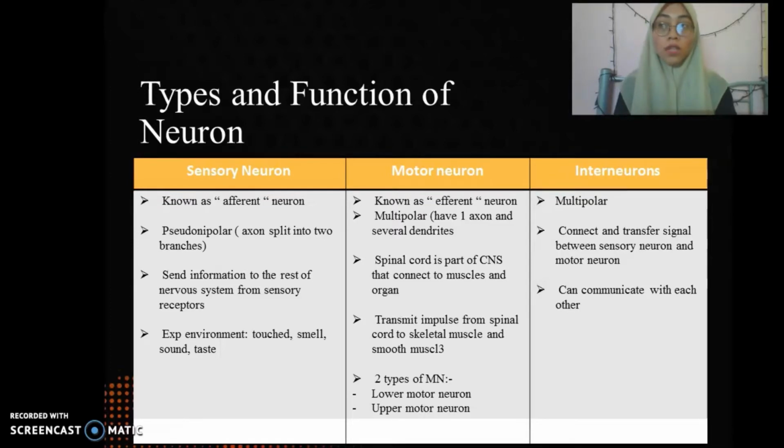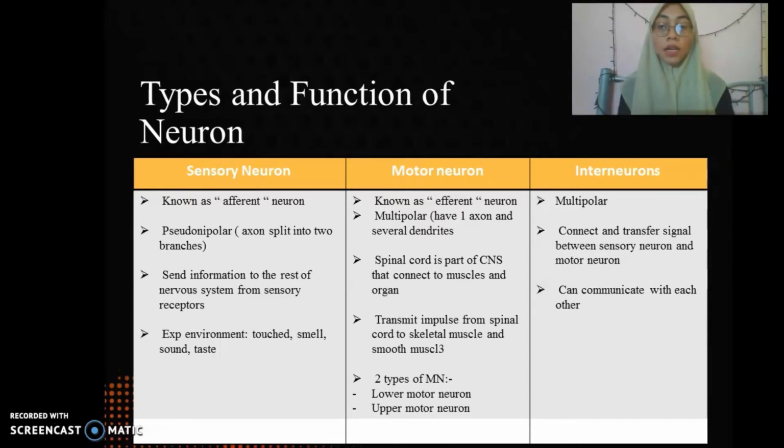Okay, for example, contohnya kalau kita pegang satu permukaan yang panas, okay, kita touch dengan fingertips kita, so permukaan panas tu adalah sensory receptor. So bila kita touch, automatic dia akan activatekan kita punya sensory neuron.